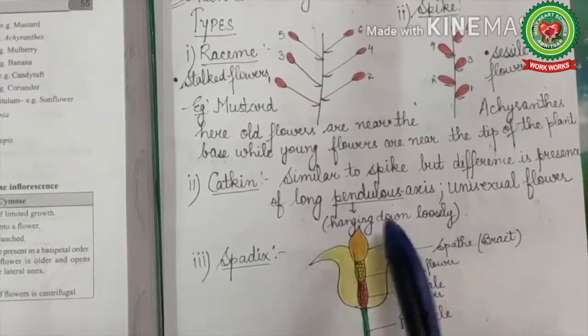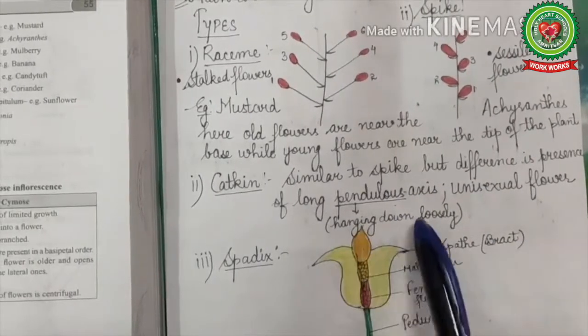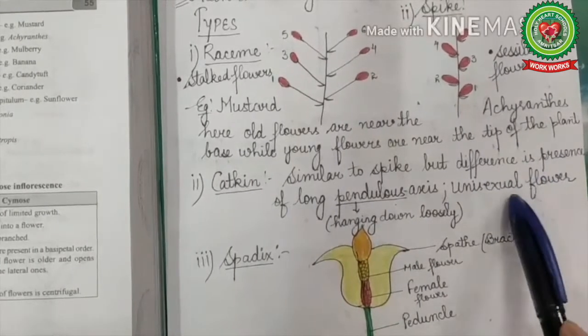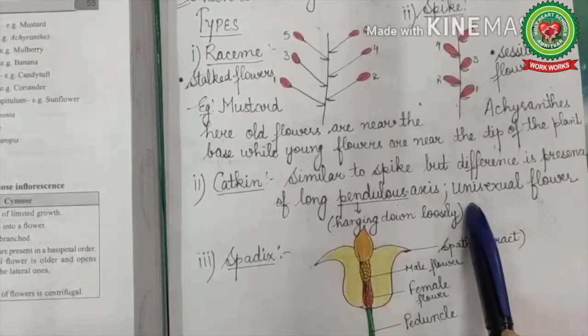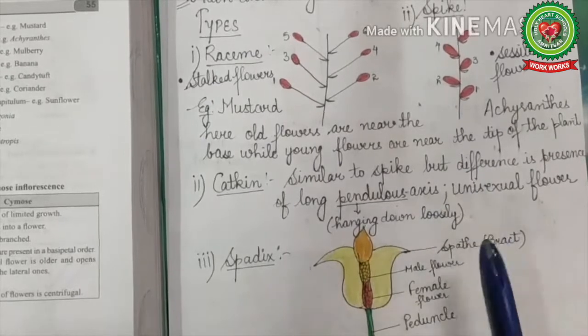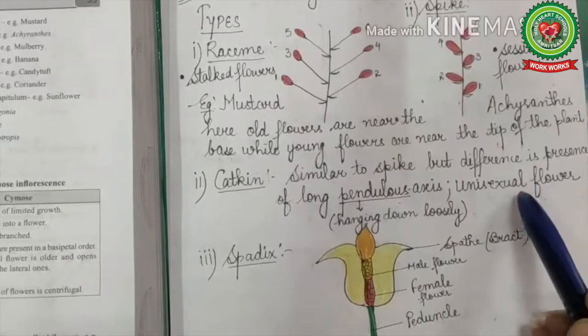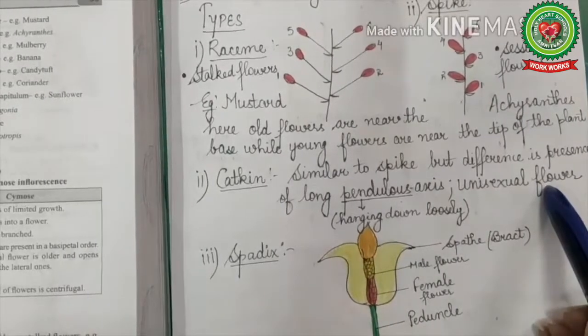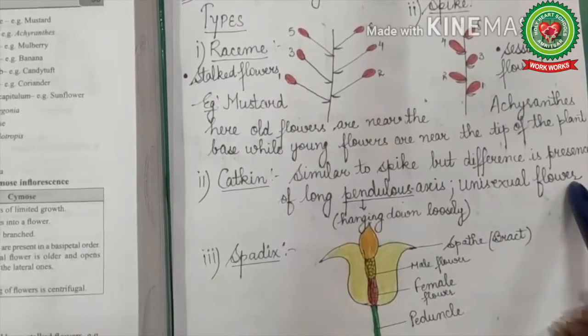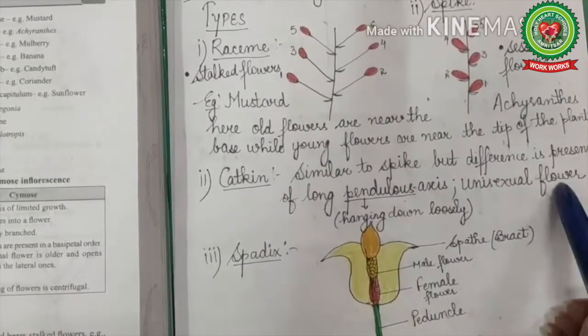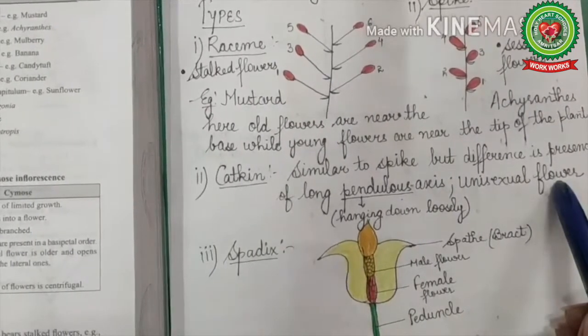I have given the meaning of pendulous here, that is hanging down loosely. Basically the flowers here are unisexual. We have done in our first video, uni means one, sexual means sex organ. So flowers have either the male or the female reproductive parts. Example for catkin is mulberry. In local language we call it shahtoot.